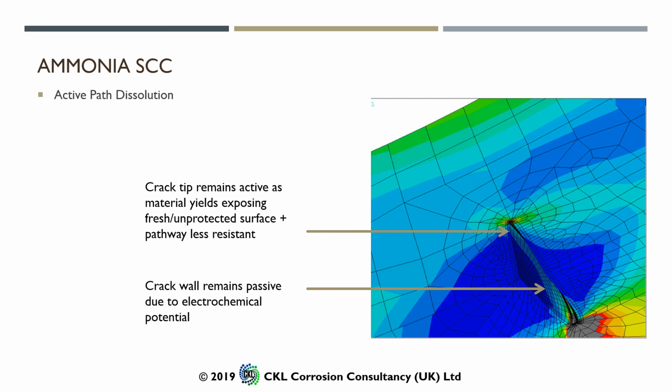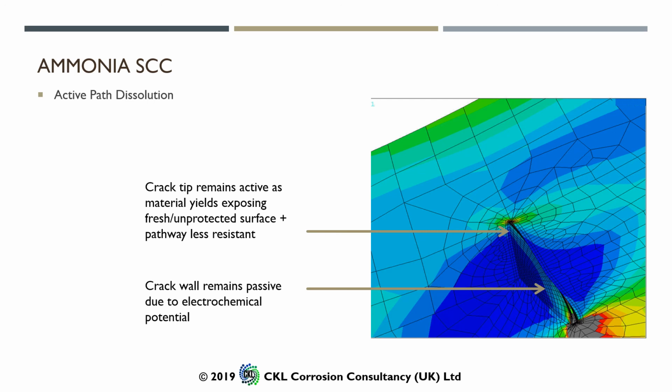And what's happening is that, as we described earlier when we looked at this process in a little bit more detail, the crack tip remains active. What's happening at the crack tip is the material is yielding, and that's exposing fresh, unprotected material, and when I say unprotected I mean unpassivated material, and that forms the pathway for the corrosion to continue. Meanwhile, at that active to passive transition region, we have the crack walls that remain passive.